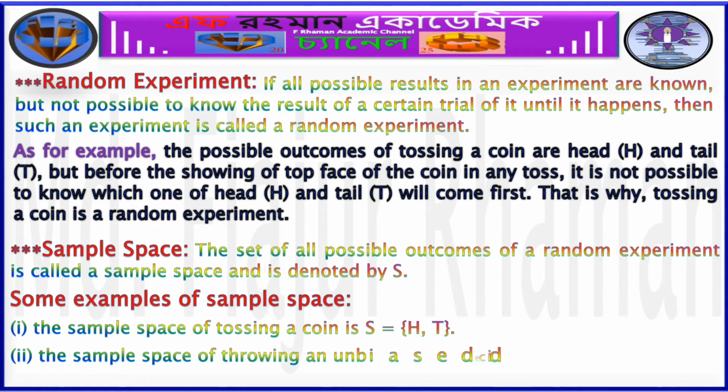Example 2. The sample space of throwing an unbiased dice is S equals the set {1, 2, 3, 4, 5, 6}. The elements of a sample space are called sample points. In the first example, H and T are sample points, and in the second example, 1, 2, 3, 4, 5, 6 are sample points.